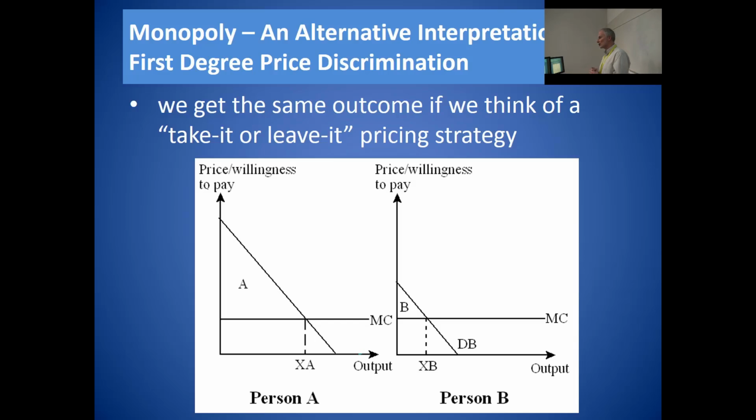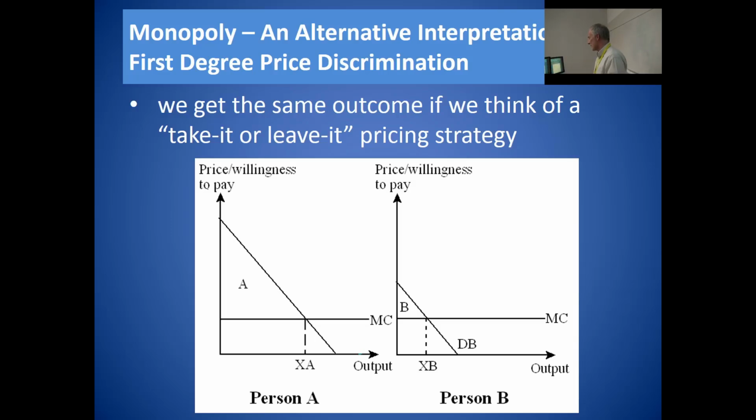Well, what it would do is sell a certain amount of fixed output to each of these customers, and the price it would charge would be their total willingness to pay. By charging them that, it gets all the profit from the market.